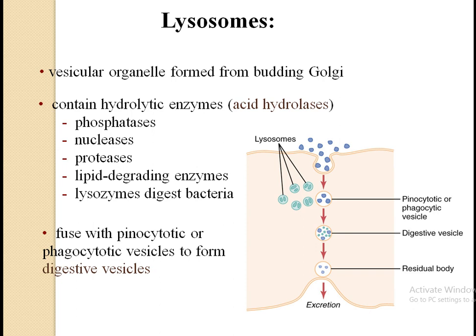They split the organic substances with which they come in contact into small, highly diffusible substances, for example amino acids or glucose. In this way, these lysosomes are able to digest the different digestive vesicles.